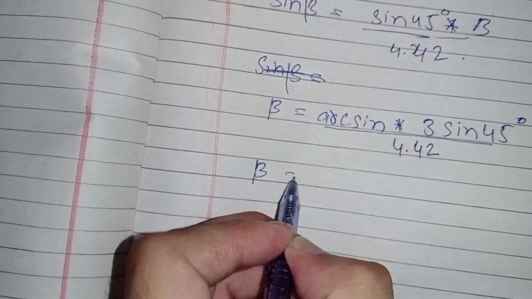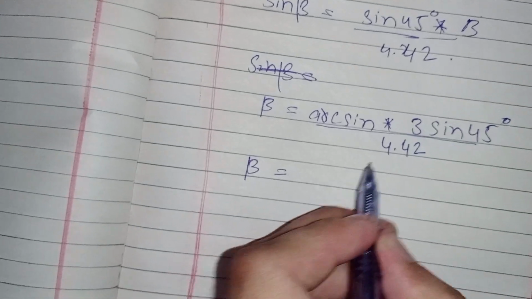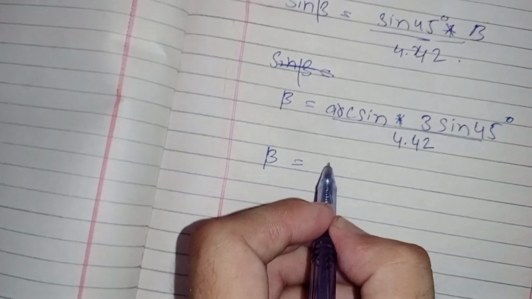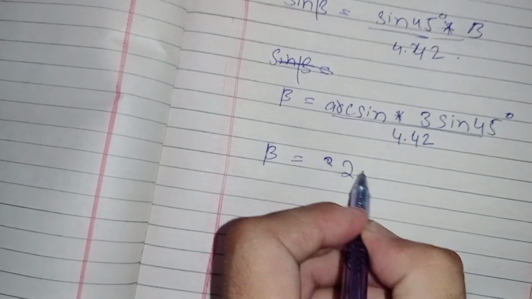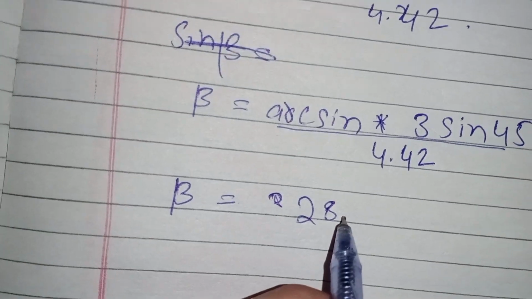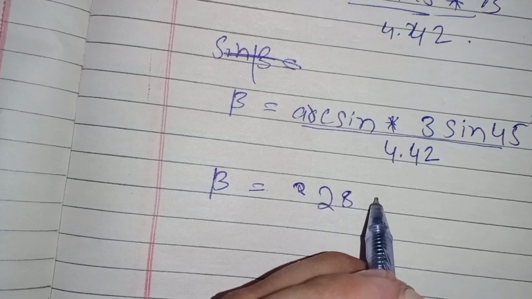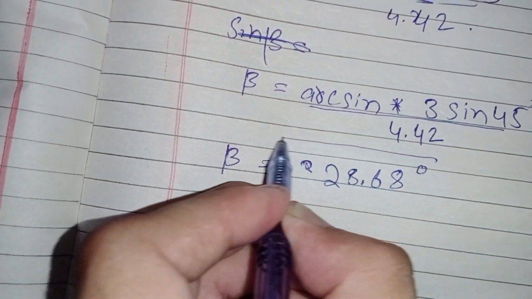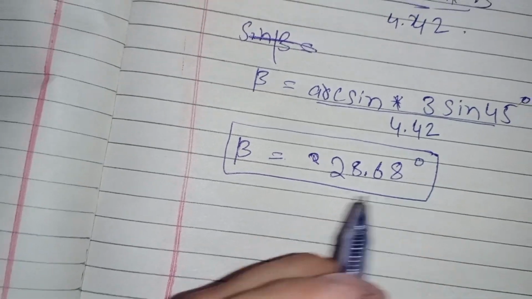So beta will be equal to, when you calculate this with a calculator, 28.68 degrees. Beta is found.